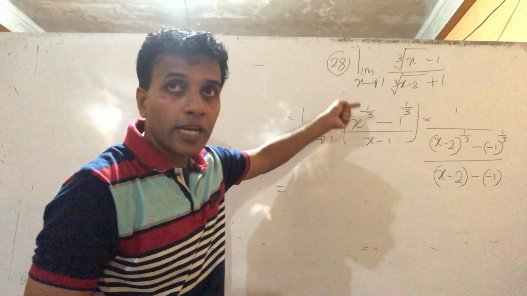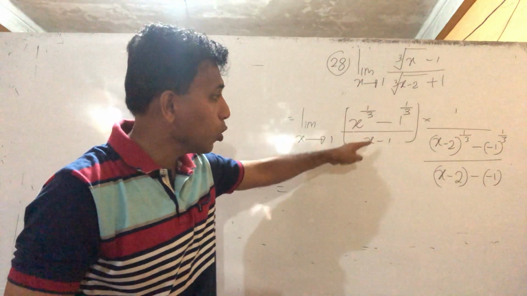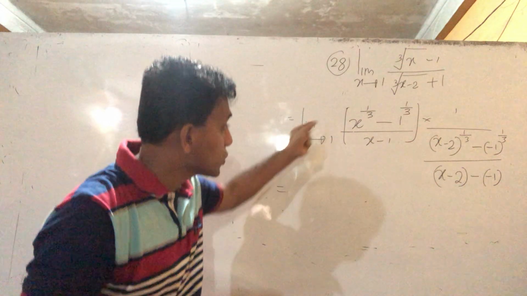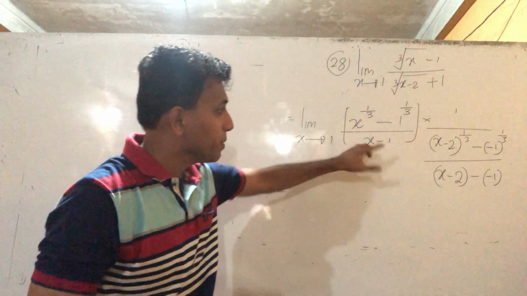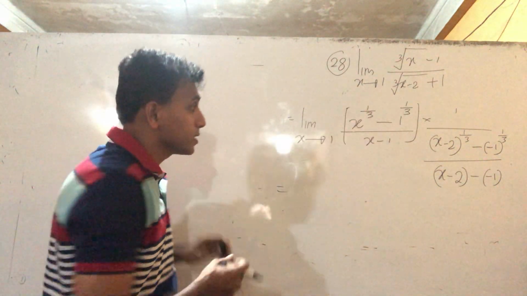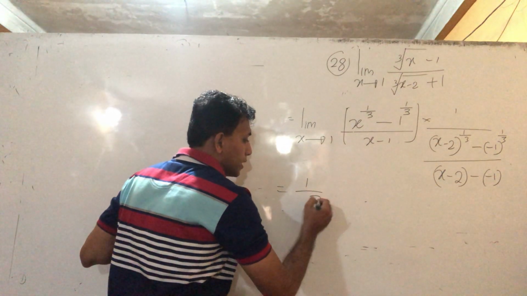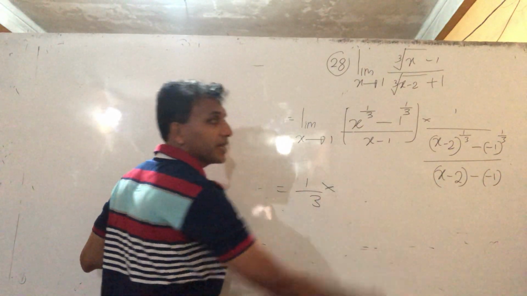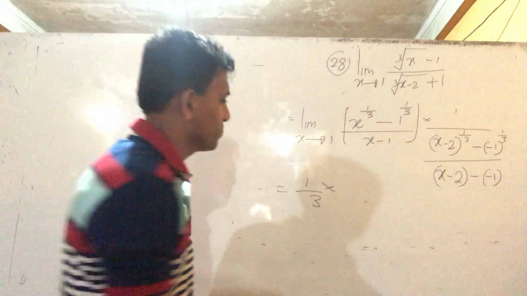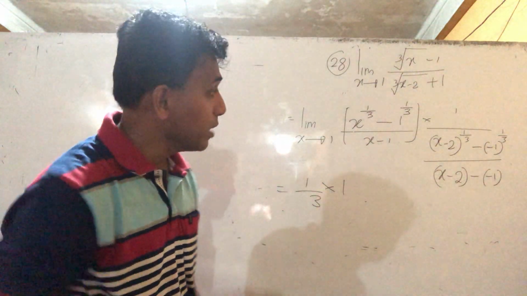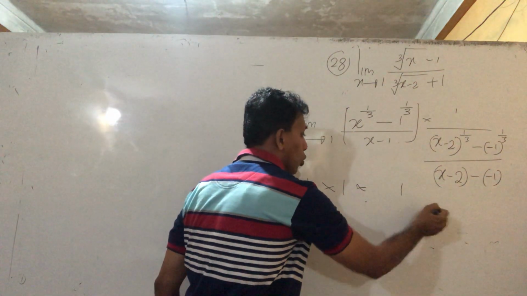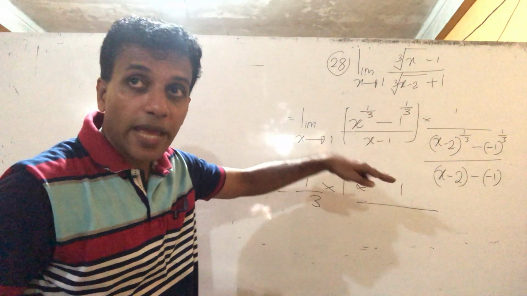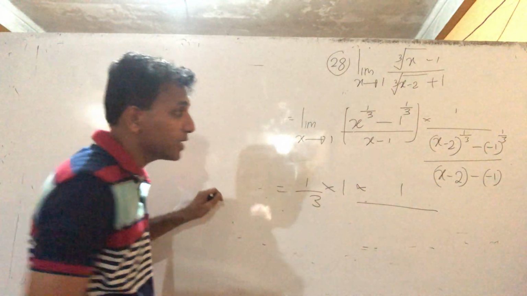x to the power n minus a to the power n over x minus a, as x tends to a. Here x tends to 1. So what is the answer? n a to the power n minus 1. That is 1, and it is multiplied by the other term, 1 over the same method, n a to the power n minus 1.